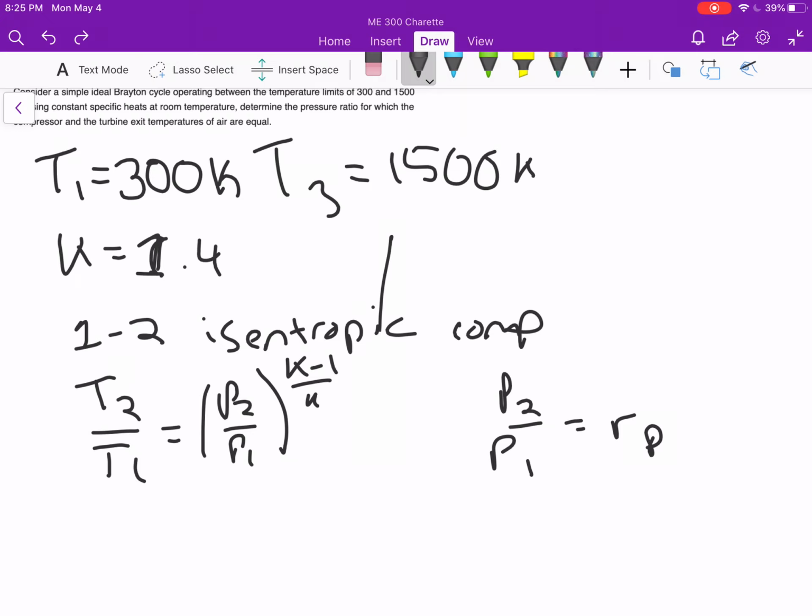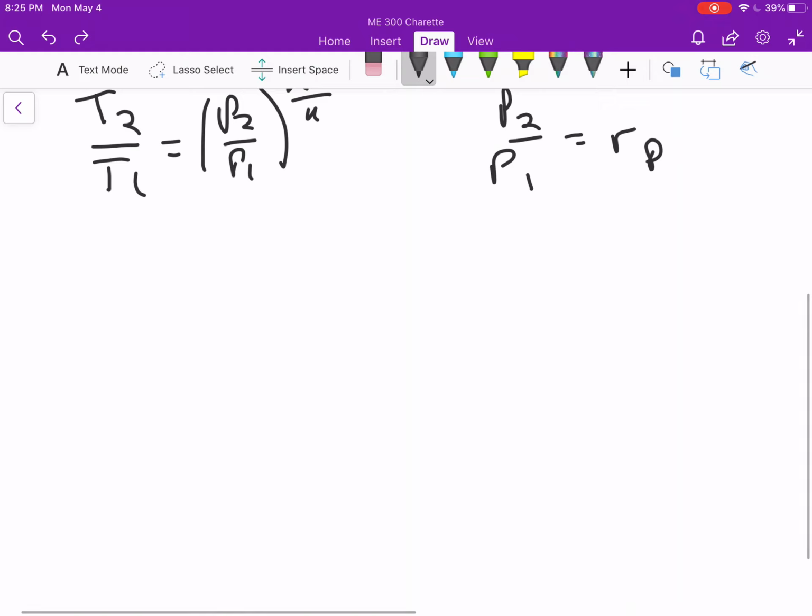So we can substitute our P2 over P1 with our pressure ratio, to start getting in terms of our pressure ratio.